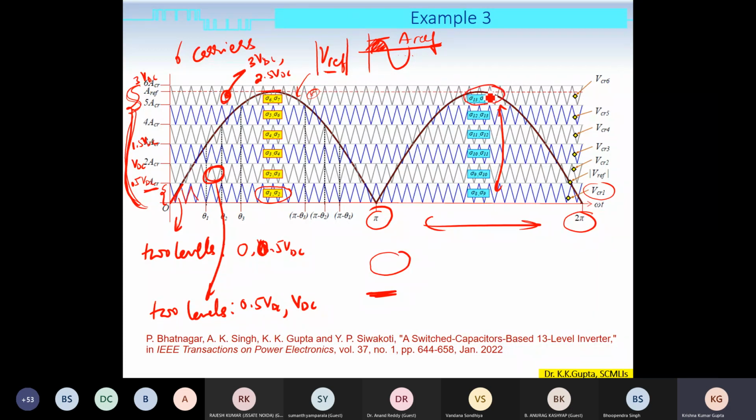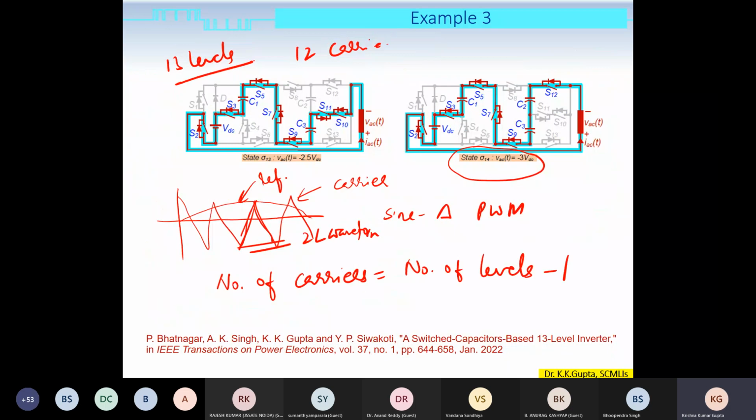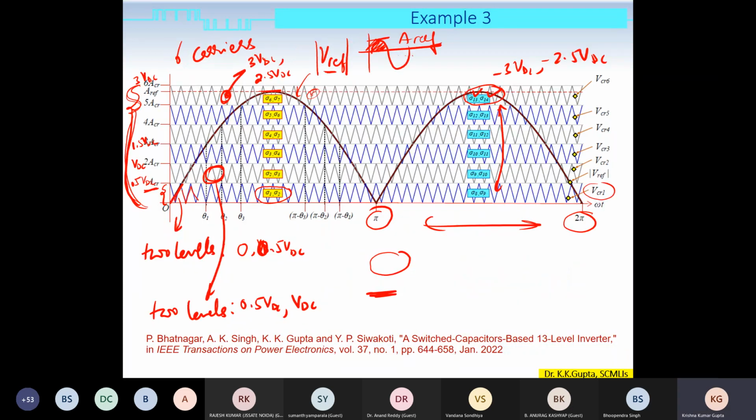For example, here for this part, we should get minus 3 VDC and minus 2.5 VDC. So the states which will be operated here will be sigma 13 and 14. So if you see here, sigma 13 is minus 2.5 VDC and sigma 14 is minus 3 VDC. Okay, so this is the description of the modulation index, the types of carrier signals that we are using, the reference signal we are using, and various states which will be implemented at each level.